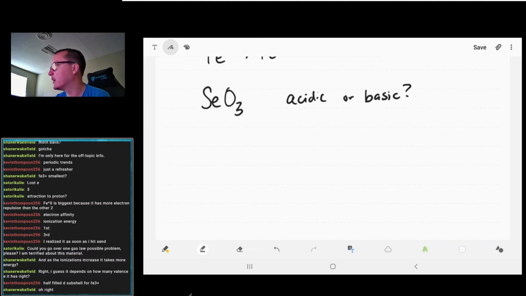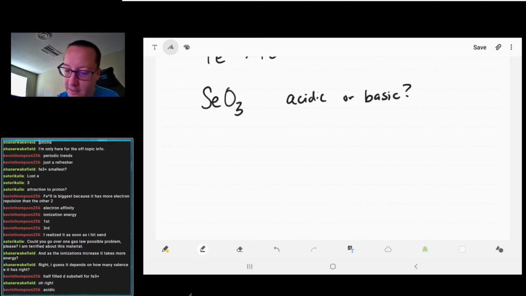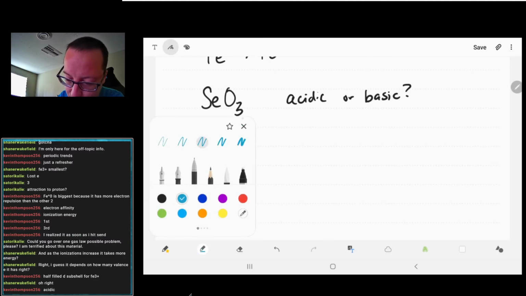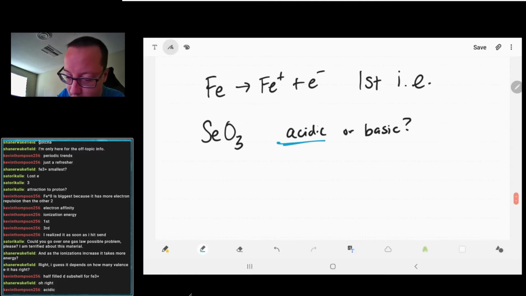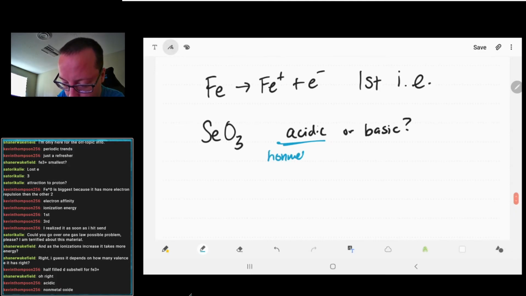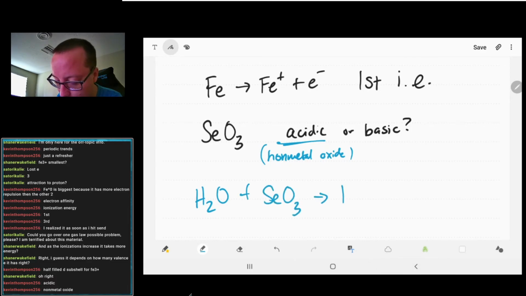Is this thing going to be acidic or basic? It's going to be acidic for sure, and we know that because it is a non-metal oxide. And if we were to combine it with water, we would get selenic acid.